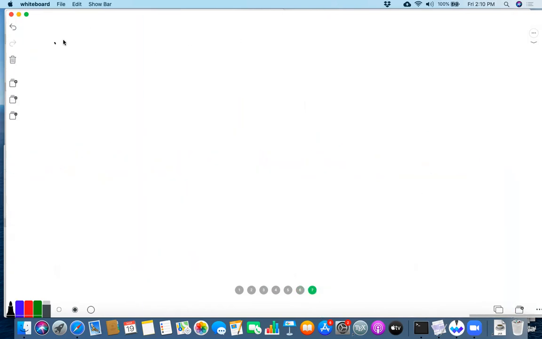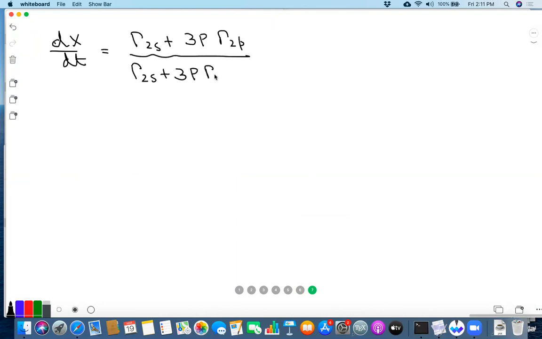Okay, so the final equation that we get is dx/dt is gamma 2s, alpha, I think, comes out.